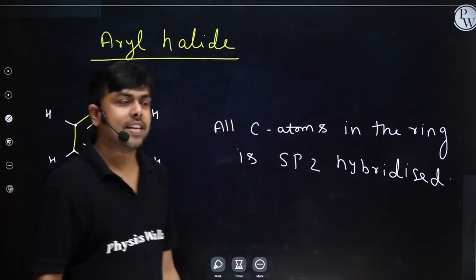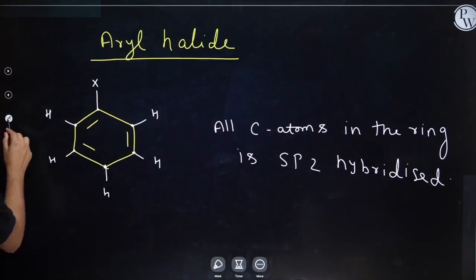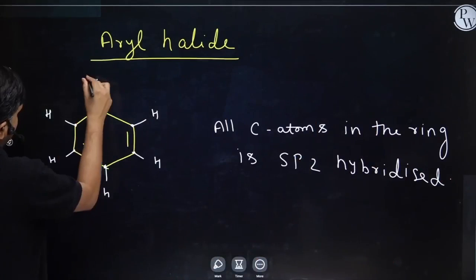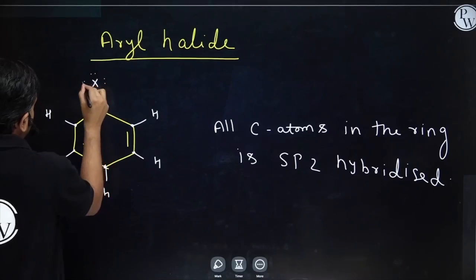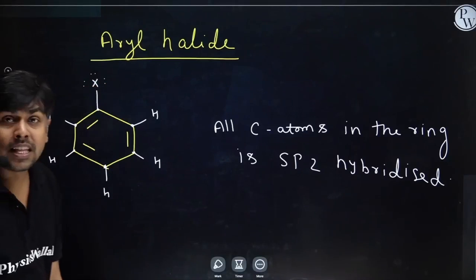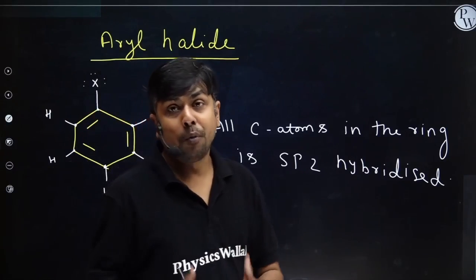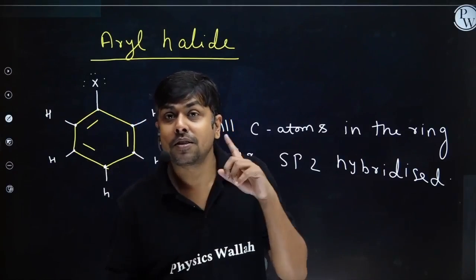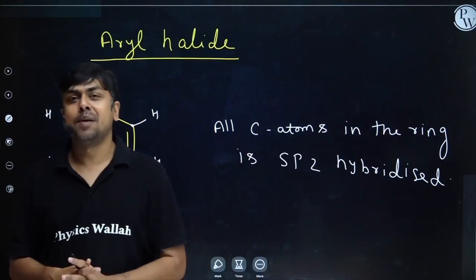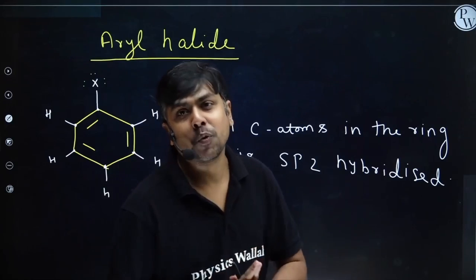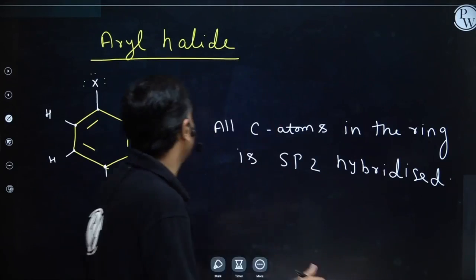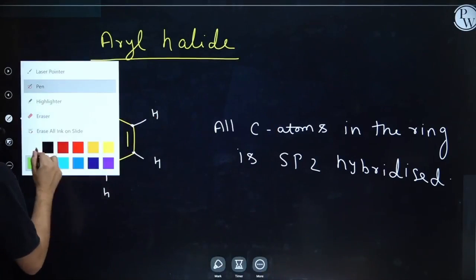Now, can you talk about the hybridization of halogen? Although we have 3 lone pairs and 1 bond pair, 1 sigma bond, still the hybridization is sp2. Why? Because one of the lone pairs is used in resonance.